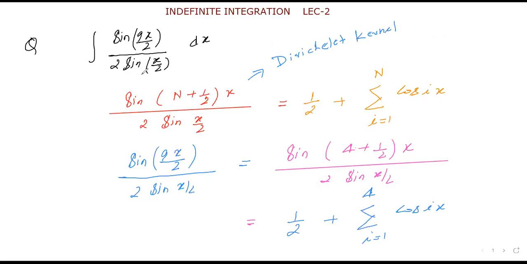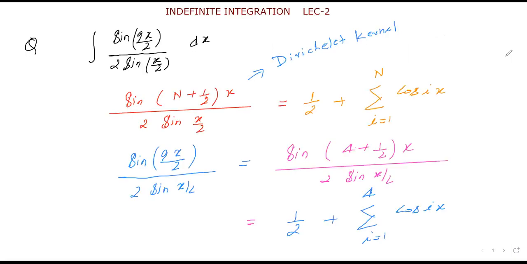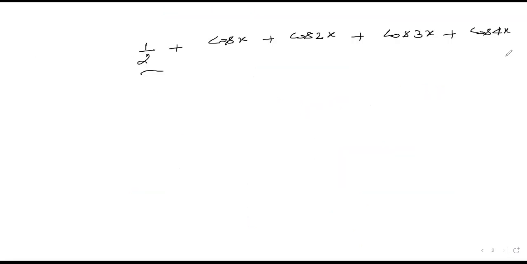Rather than integrating the original function, because it is quite difficult to integrate, we will integrate simply this function, because I have already converted this integrand into its simplest form. So its simplest form is this one.